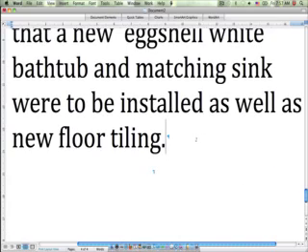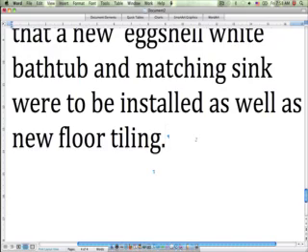Okay, so now we've mentioned the things that we were hoping they were going to install. So we go away on vacation, we come home, and the repairs that were supposed to be finished are not finished. They're finished, but perhaps they're done incorrectly, let's say.